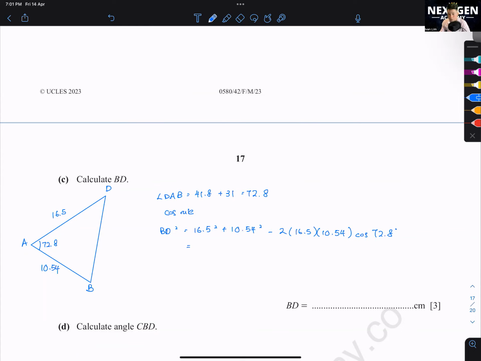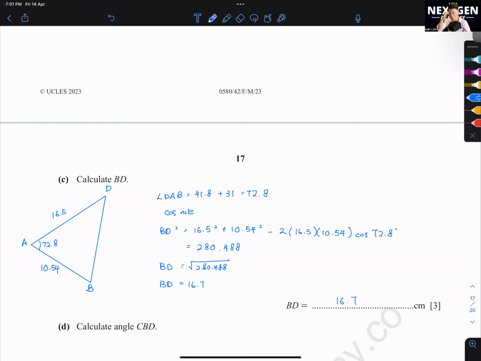If you want to break it down before you type in the calculator, then break it down. Otherwise, you can just type the whole thing inside. This will be 280.488. BD will be square root of 280.488, which you will get 16.7.